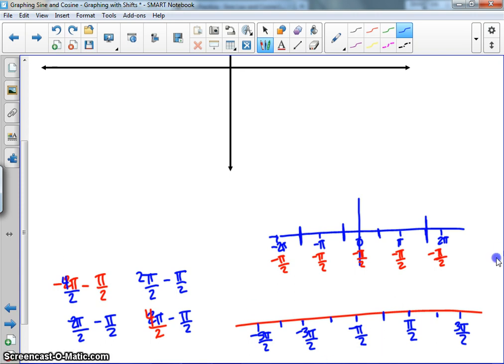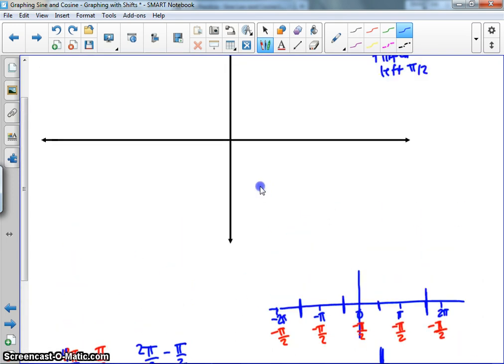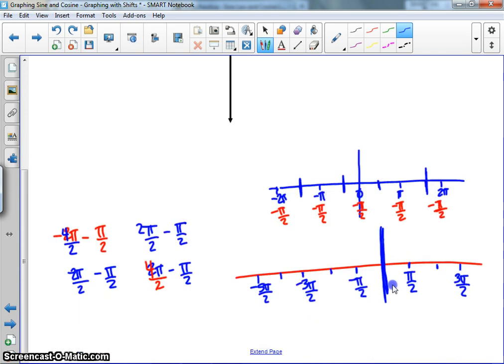Now, you should be wondering, hey, I normally start at 0, but 0 is not in my new points. So where is 0? If you look, 0 is always going to be in between your negative number and positive number. So negative pi over 2 and positive pi over 2, the middle number right here is where your y-axis should be. And so right up here, this is my y-axis, and to the left I'm going to label these points, and to the right I'm going to label these 3.